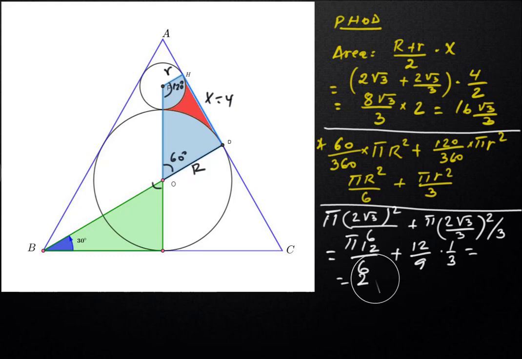If we simplify this, we get 2 pi plus 4 pi over 9. Okay, there you go. So now we can do the calculation.